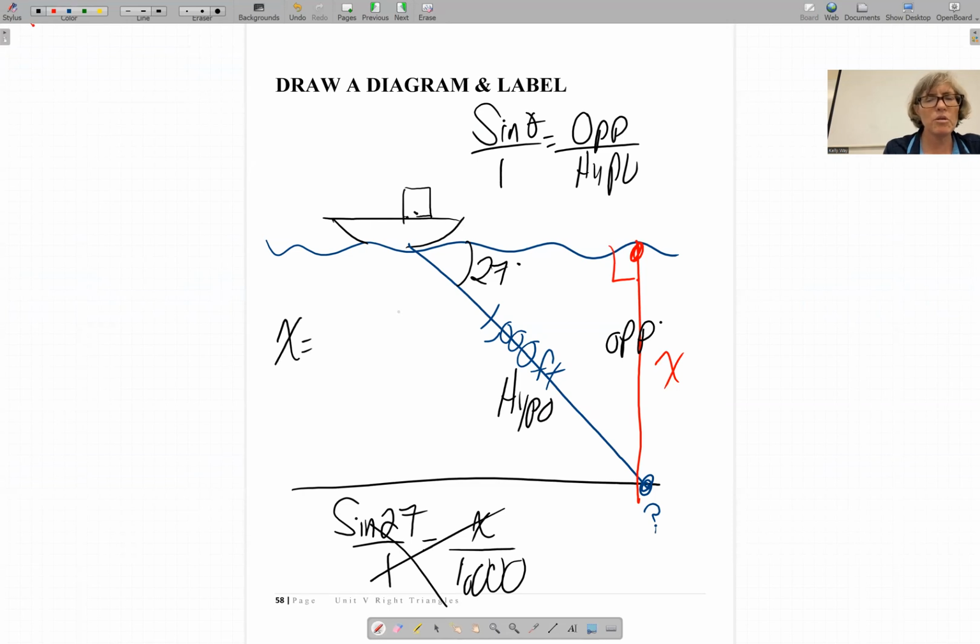So your X is going to equal sine 27 times 1,000.